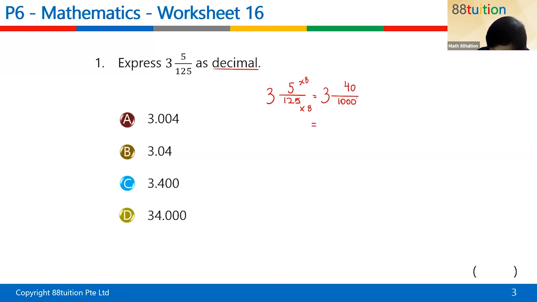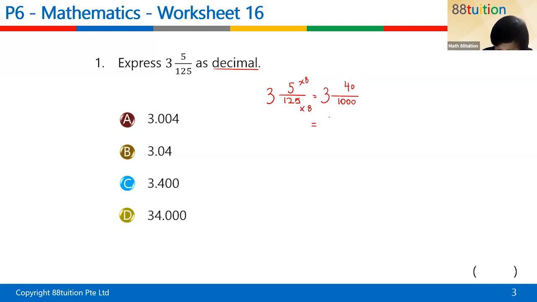And then 40. 125 times 8, you get down to 1000. And this is 40. So you have 3.1. How many decimal places are there? 1, 2, 3.